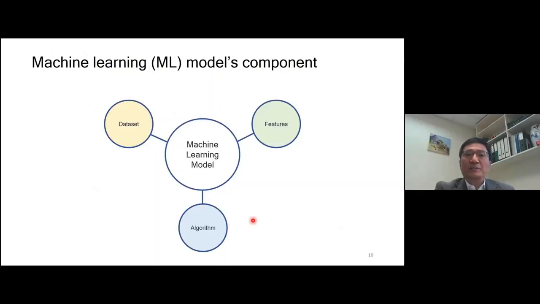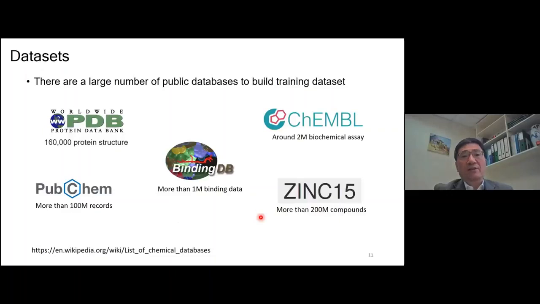For the machine learning model components, for example, we need to set up the data set and the features. Before we set up the data set, we need to have the theoretical basis for how we can really set it up. That's the typical machine learning model, and there are a variety of different data sets you can easily find on the internet, for example, the Protein Data Bank.